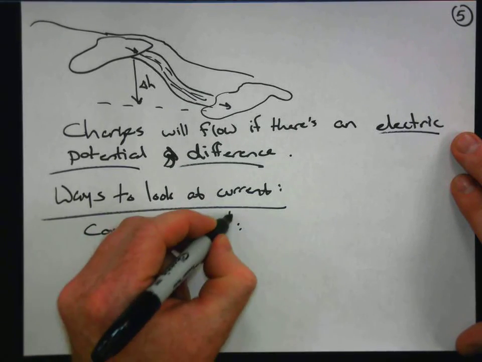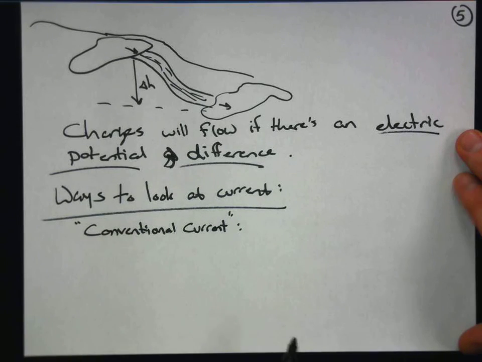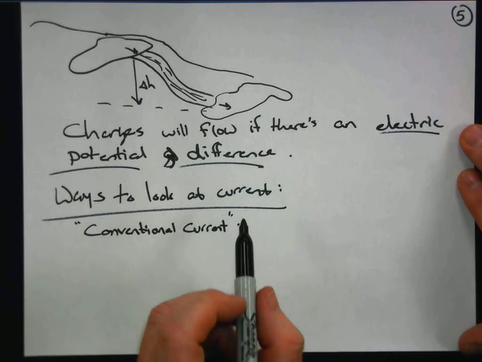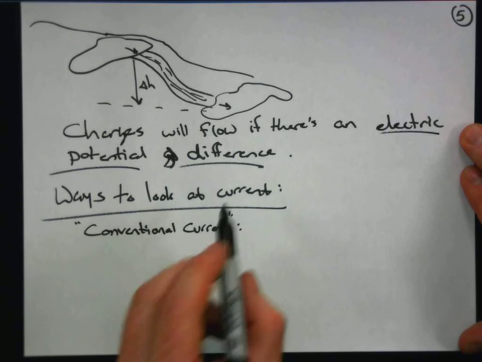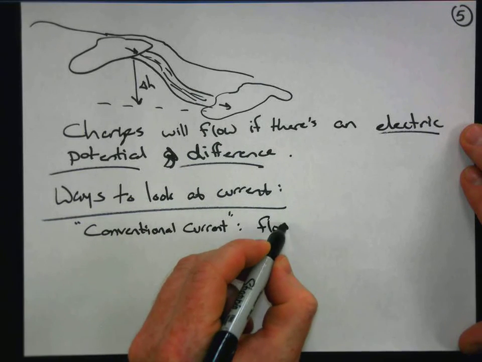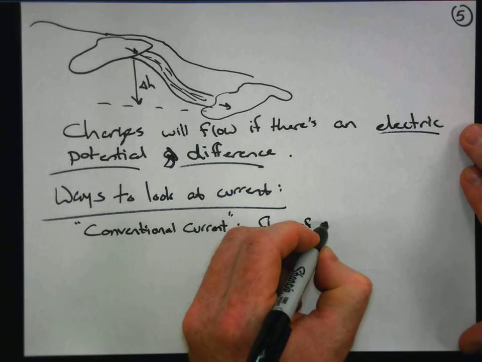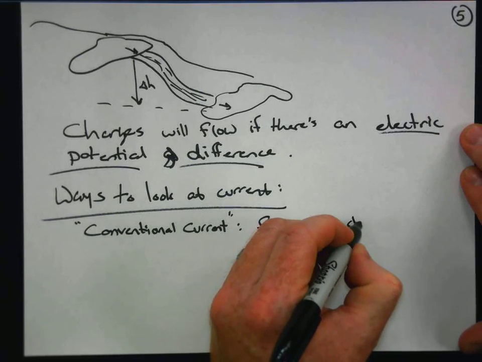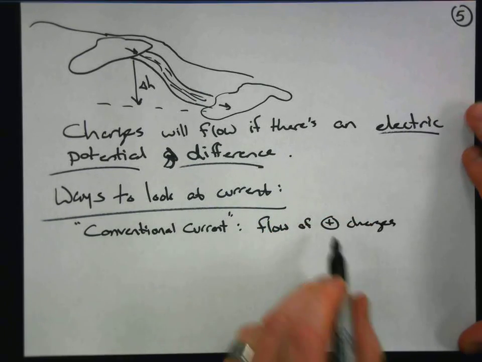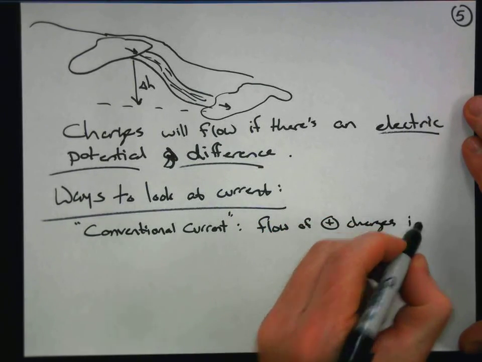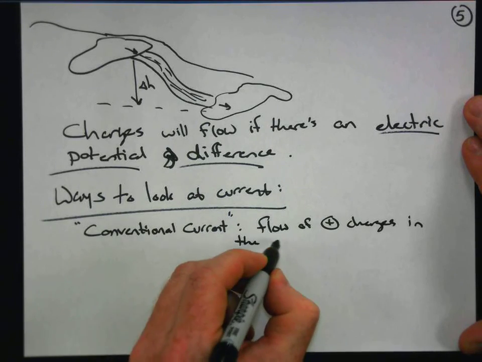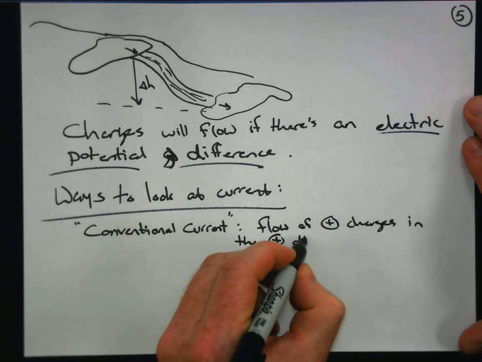And this essentially is a flow of positive charges in the positive direction. I use that symbol for positive. Positive charges in the positive direction.